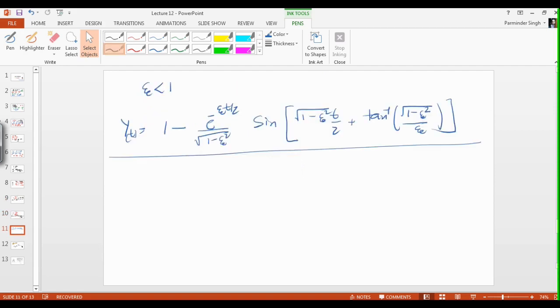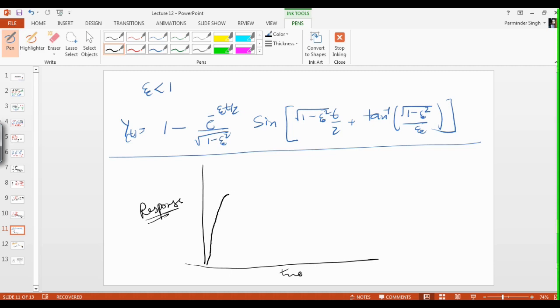Now let's plot the response, time and response. In this case, if we know all these values of tau and zeta, we'll have a simple expression of y of t in terms of t. For different values of t, if you plot, we'll have this nature.